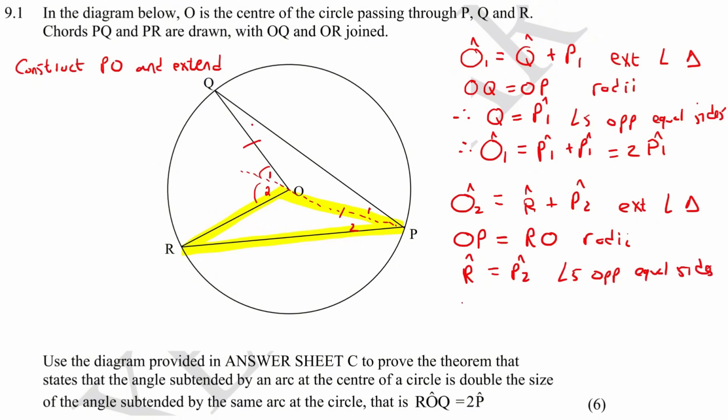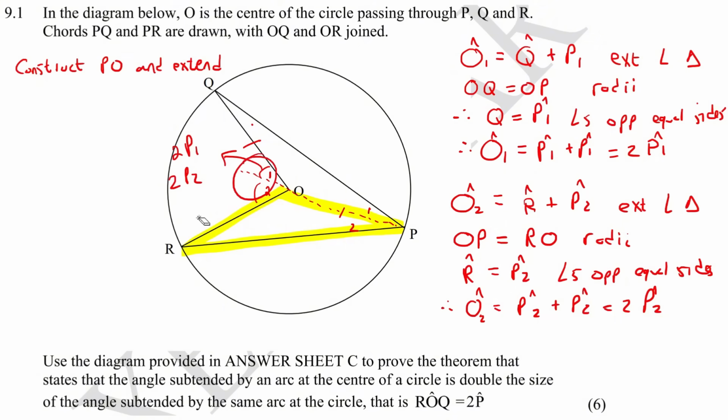Therefore O2 must be the same as P2 plus P2, which is going to be 2P2. You don't want to use the R and the Q. We want all of it to be in terms of P. So now what we have worked out is that O1 is 2 times P1 and O2 is 2 times P2. So what would this whole angle be?